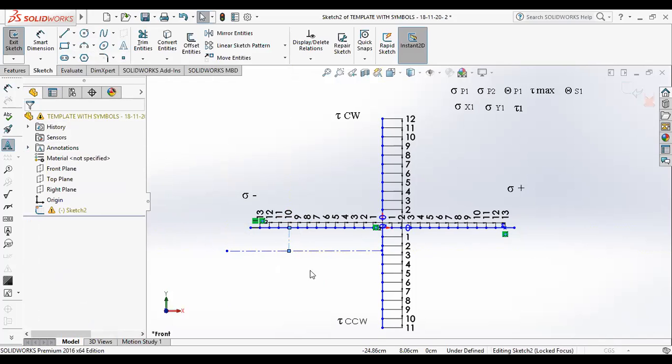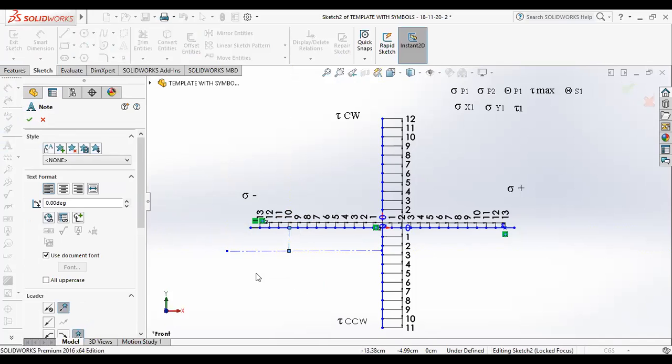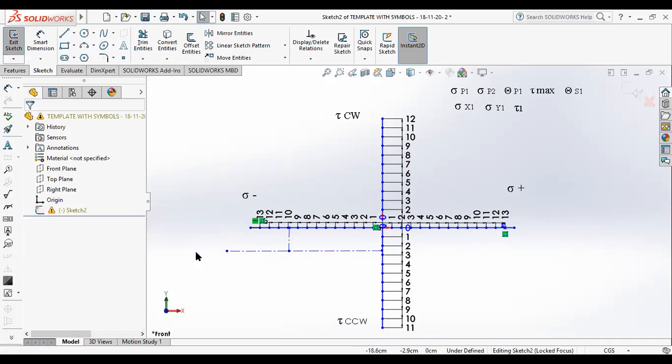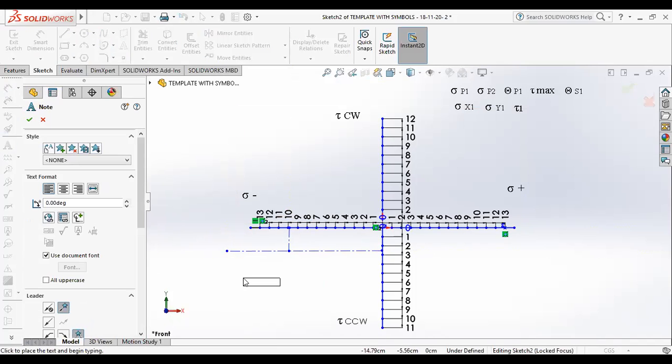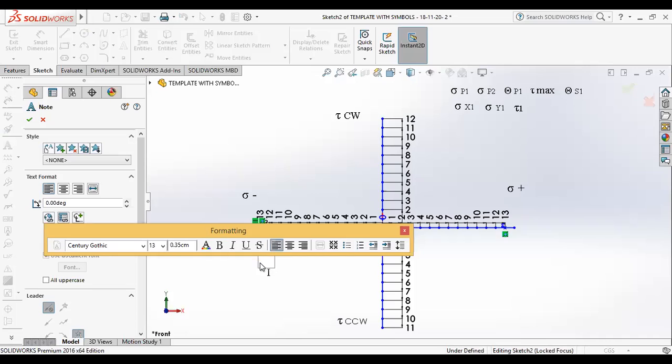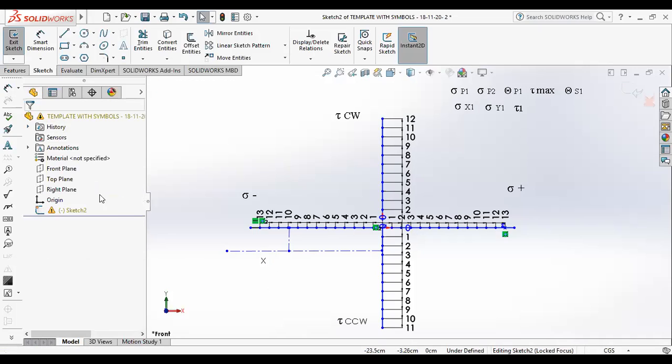Then the y face: minus 50 and clockwise 25.